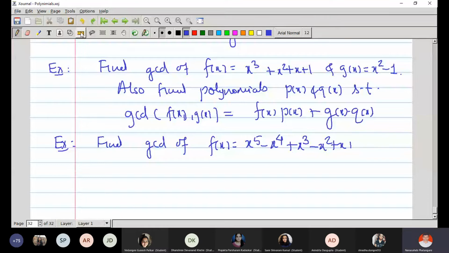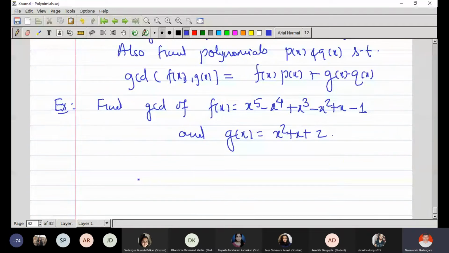So express GCD as a combination of fx and gx.